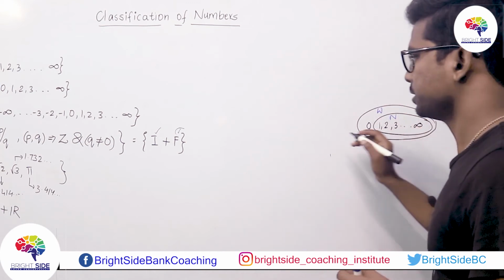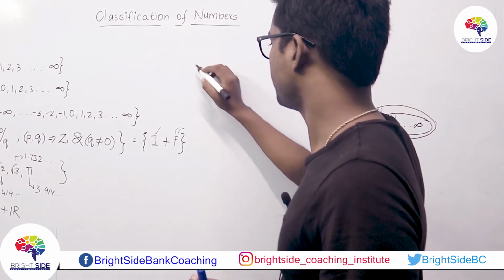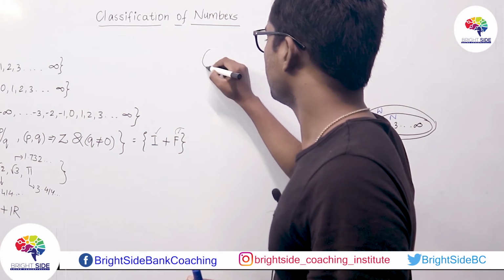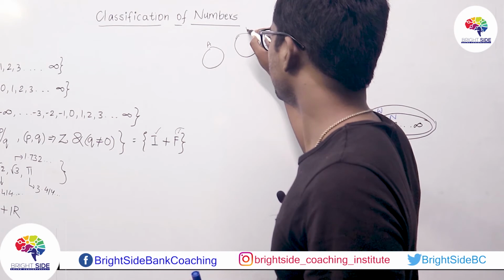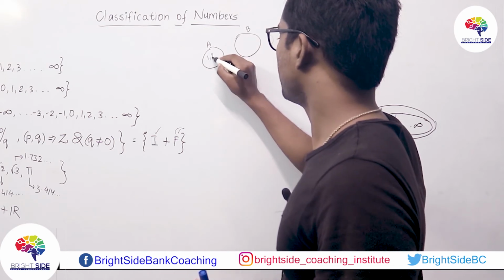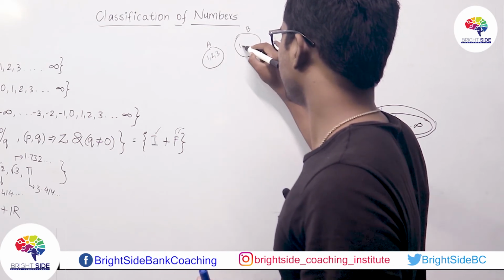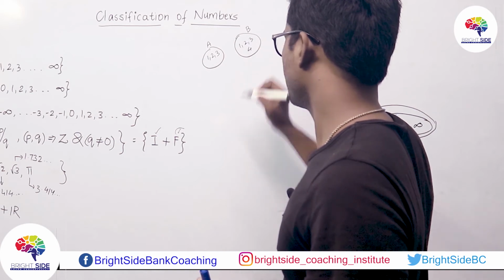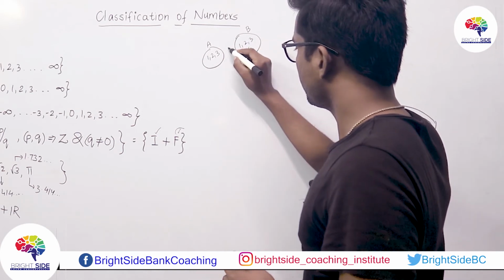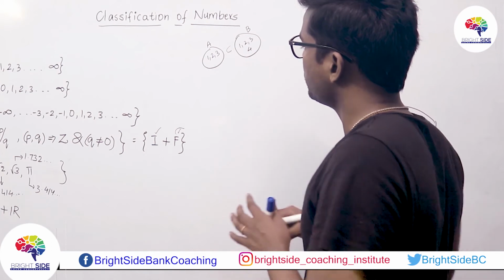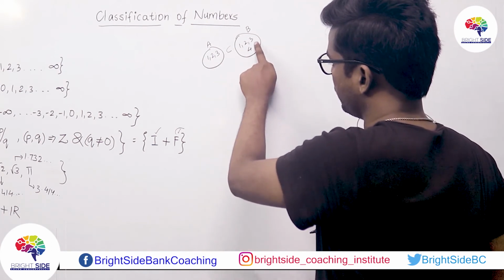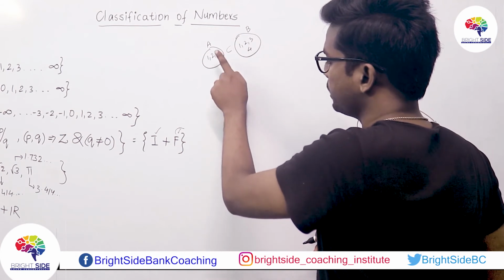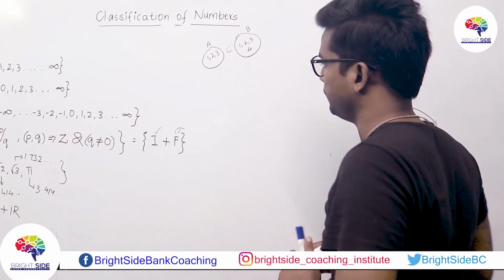So first of all, let us see what is set and what is subset. If it is set A and this is set B, if set A contains 1, 2, 3 and set B contains 1, 2, 3, 4, so A is subset of B. That means all the elements in A should be available in B. Then only we say that set A is subset to set B.